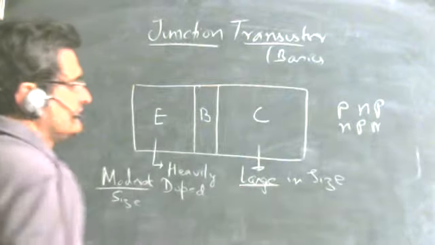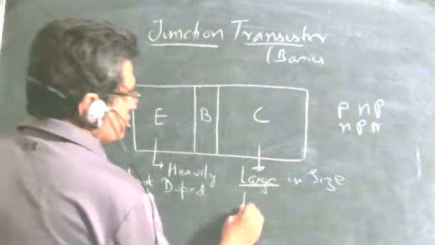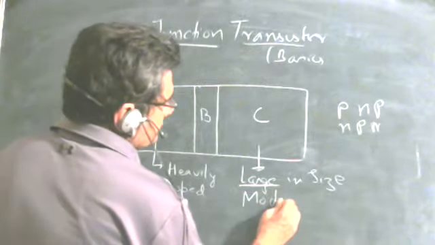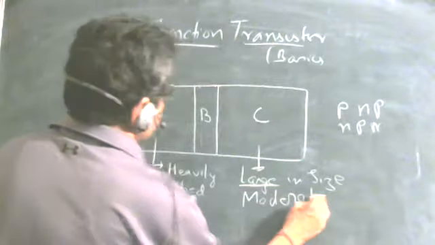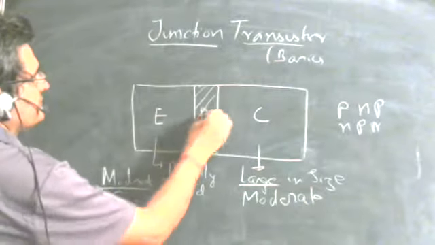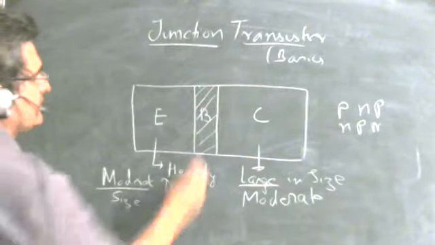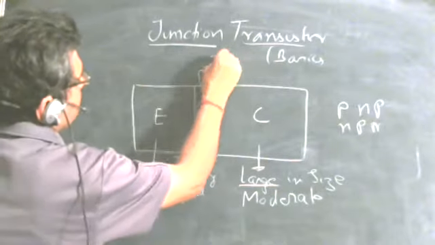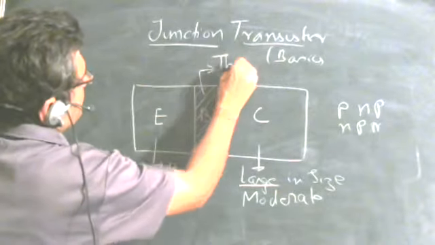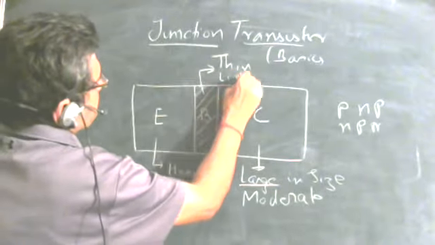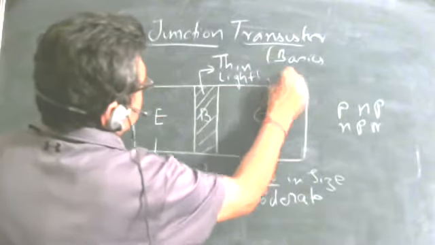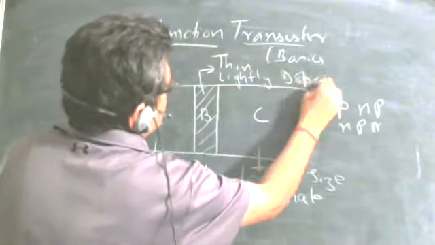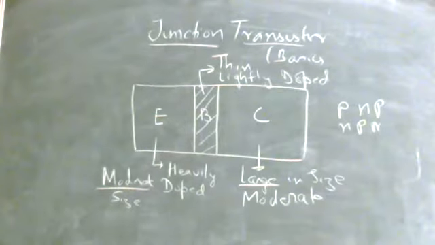That is why the size is large and doping is moderate. And the base is sandwiched between the emitter and collector. It is thin and lightly doped. This is the basics of emitter, base, and collector.